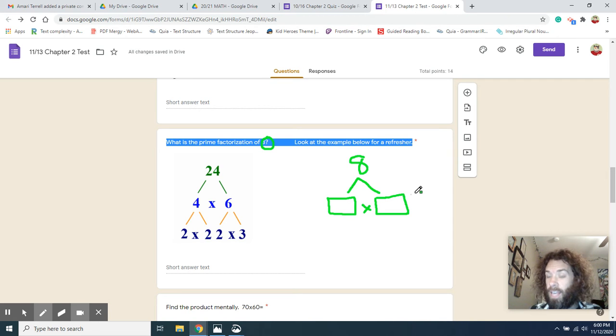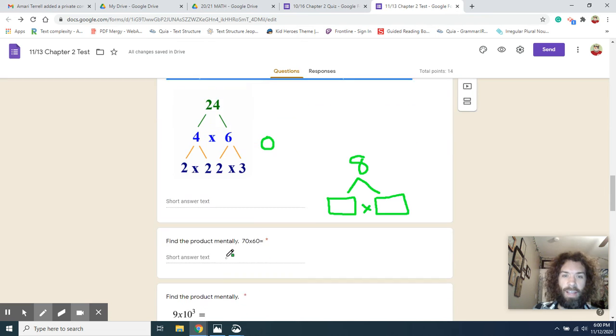Now, you might have to keep splitting until you get to those all prime numbers, okay? So this is one that would be good to do on scrap paper first, then you write your answer. And your answer should be like something times something times something, okay? That's what it should look like. All right, cool. Should be good on that one.